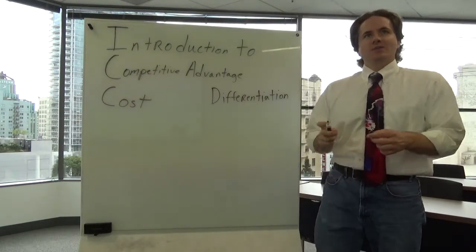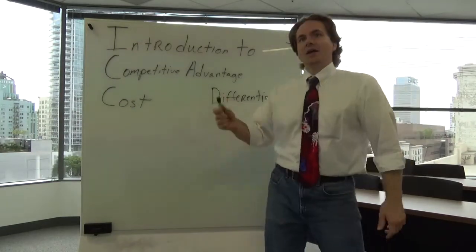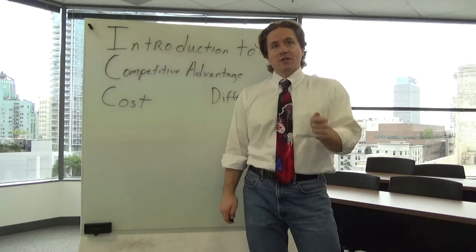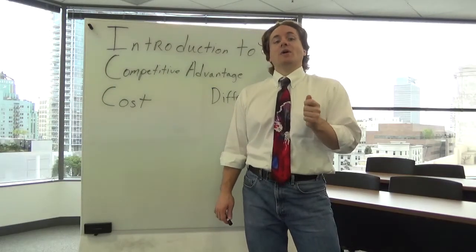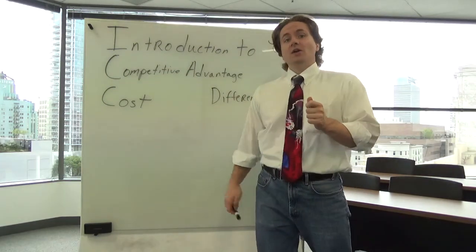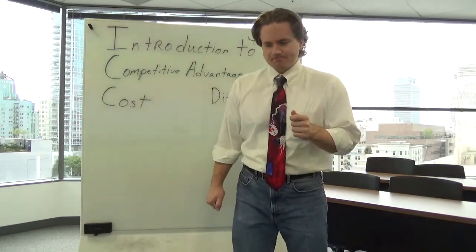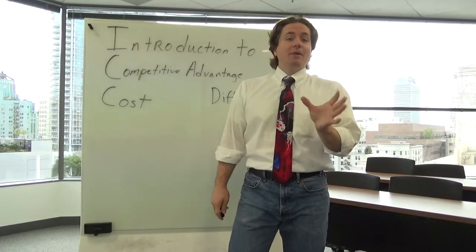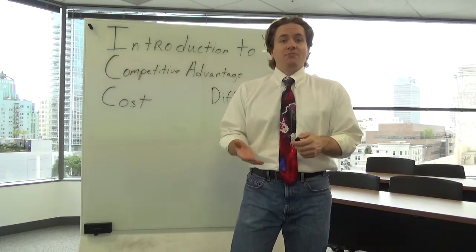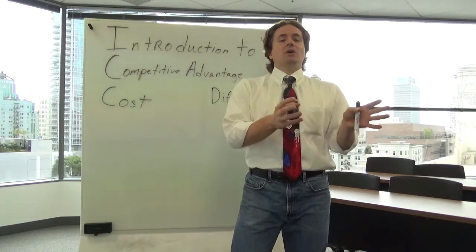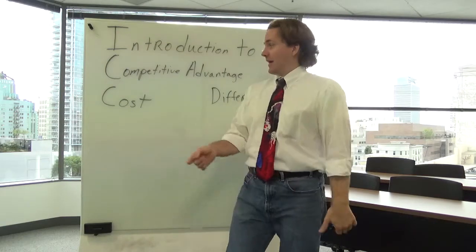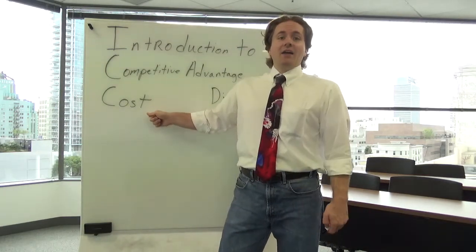Now, we would talk about cost advantage as an ability to offer the same or similar product at a lower cost than competitors. So maybe an example. If I am a milk producer, or I own a milk production facility, if my milk costs 5 cents a gallon less than the competitor, then we would say that I have a cost advantage.